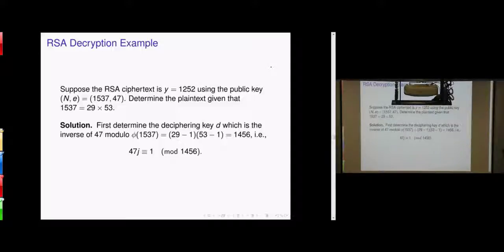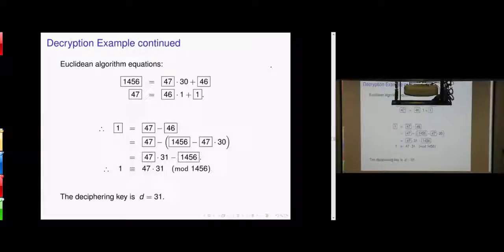In other words, you want to find D such that 47 times D is congruent to 1 modulo this. You do the Euclidean algorithm, and you find the multiplicative inverse. In the end, it's 31.